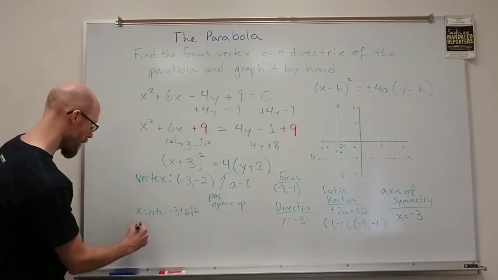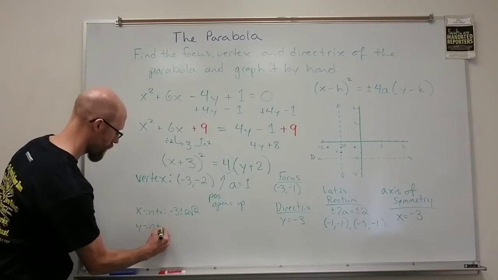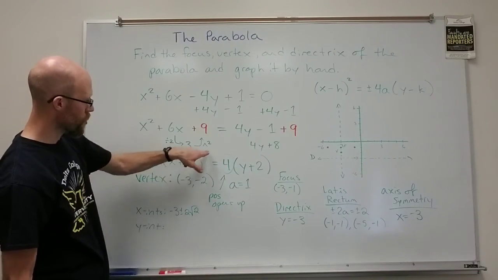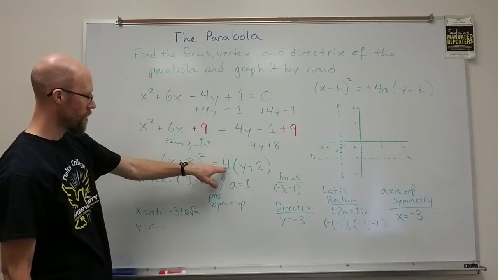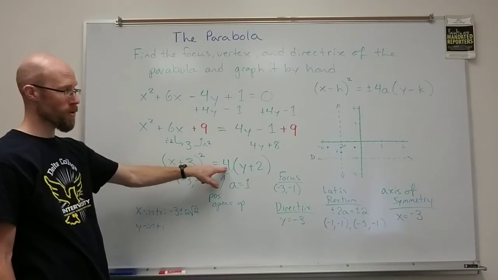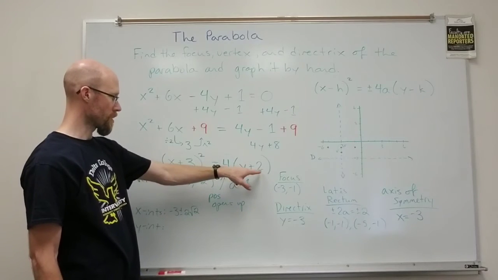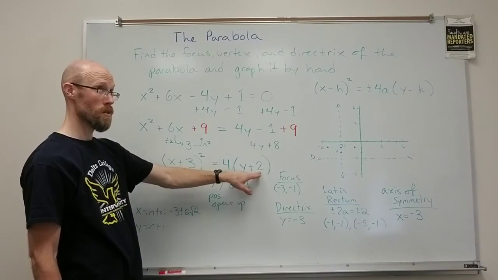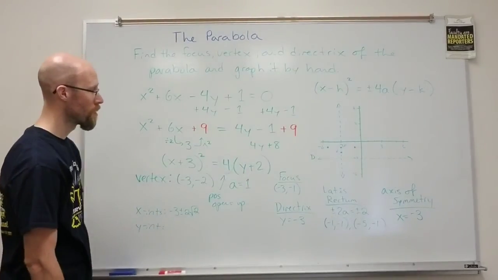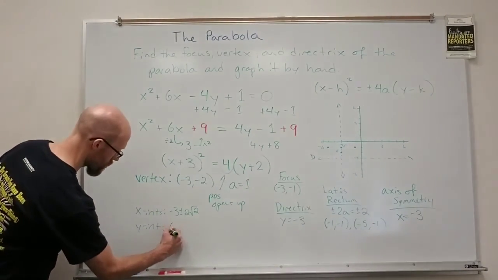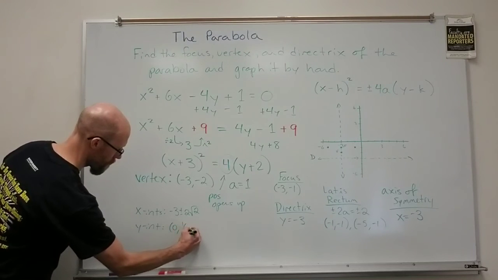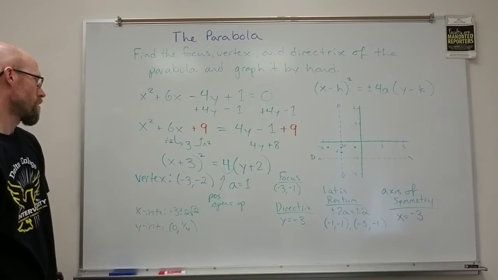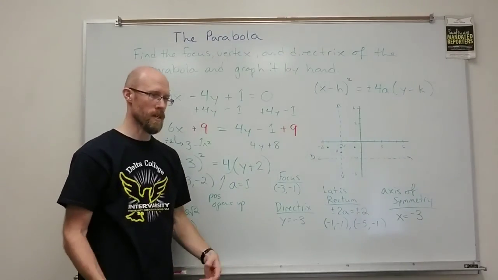And then the y-intercept is where you put a 0 in for x. You get 3 squared is 9. Divide out the 4, you get 9/4, and then subtract the 2. 9/4 minus 2, which is minus 8/4, is 1/4.